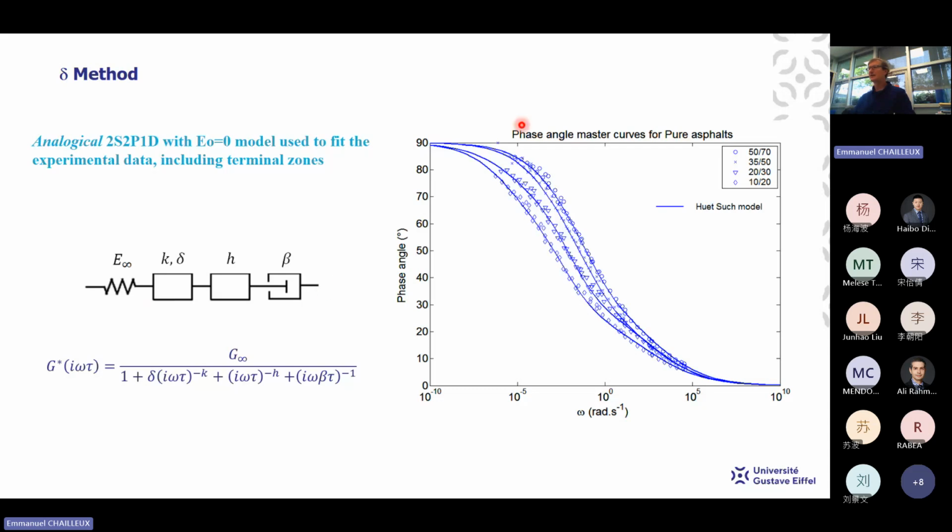And you can see that the model perfectly fits the experimental curve and gives access to this extreme behavior at very low frequency and very high frequency, because we need to access the 90 degree of phase angle and the 0 degree of phase angle. By extrapolation, this model allows us to access this.